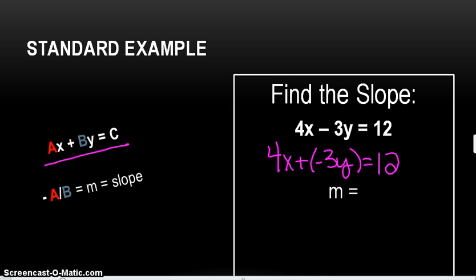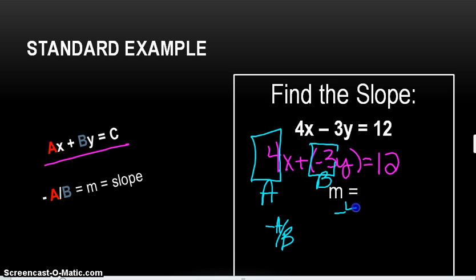Then I can very easily distinguish what my capital A and what my capital B are. So if I look over here, here's my capital A, and here's my capital B. And remember, this is a negative a over b. So it's going to be negative 4 over negative 3, which, you know, the negatives cancel, so it's going to be 4 over 3 for your slope.